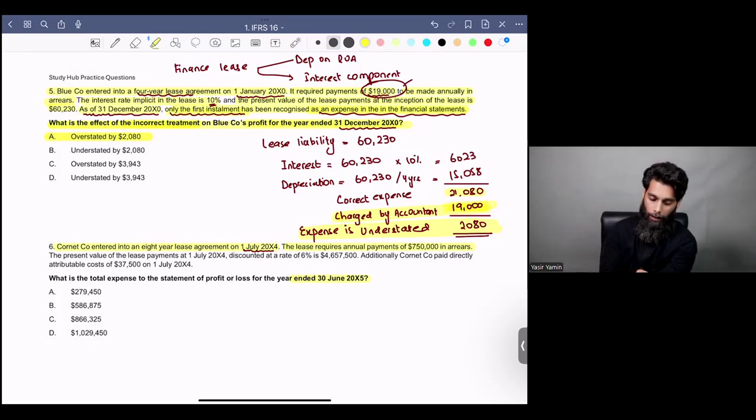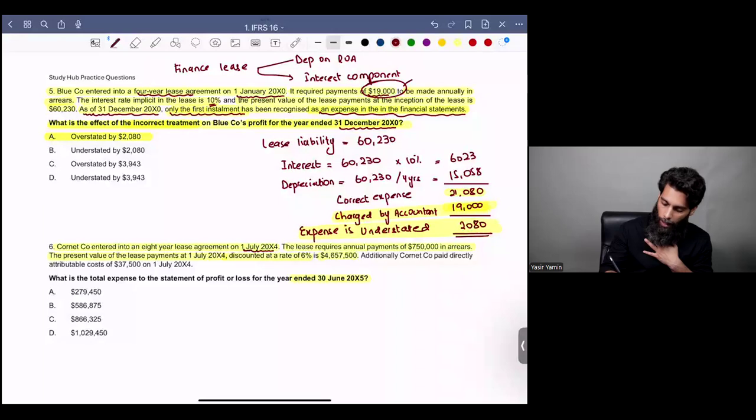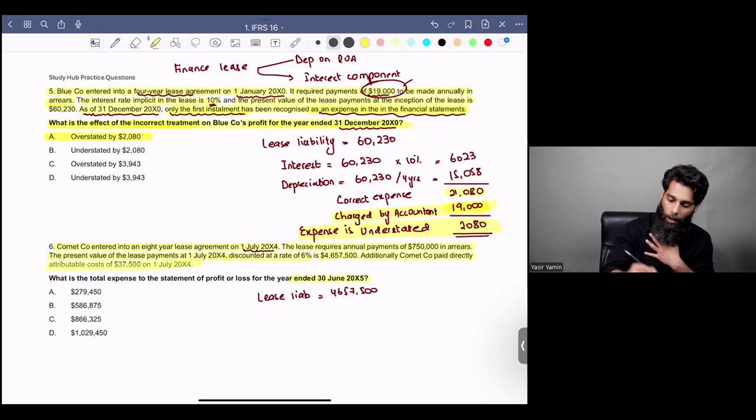The present value of the lease payments on 1st July X4 discounted at a rate of 6% is 4,657,500, so your lease liability has already been calculated. Additionally, Cornet Company paid directly attributable costs of 37,500.